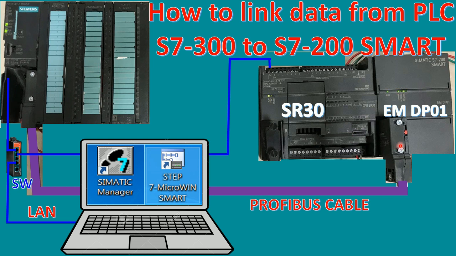Okay, and here is the connector of Profibus and the cable that I already connected from PLC S7-200 SMART to PLC S7-300. I will use the software Simatic Manager and STEP 7-Micro/WIN SMART to link to the PLC S7-300 by Profinet ports, and PLC S7-200 SMART by LAN ports also.